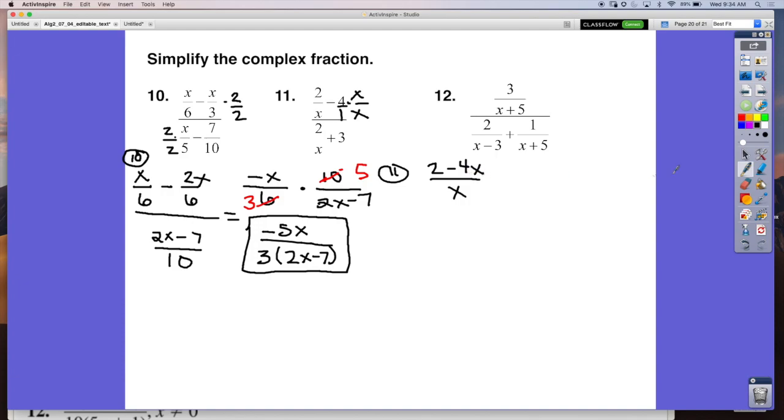Okay, so let me slow down a little bit. This 4 whole number is really 4 over 1. So I want to see what is this missing that this one has, which is an x. Okay, so x over x. So now I have 2 minus 4x.